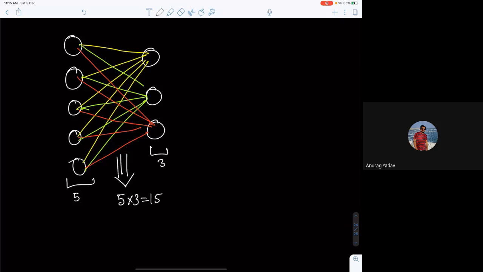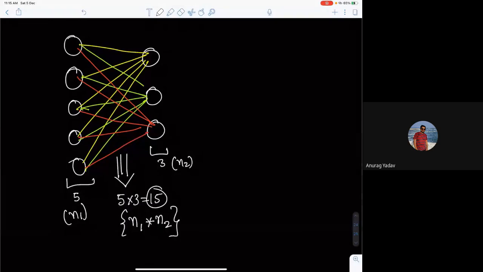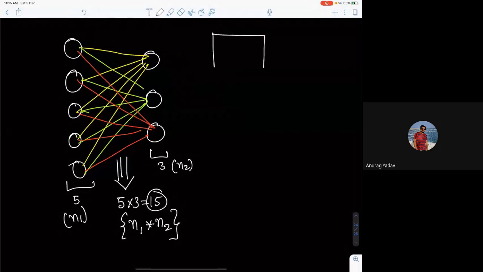Now suppose I have an image like this, having a typical resolution, and suppose this is 100 and this is also 100. Now just think, 100 by 100 is a very small image.